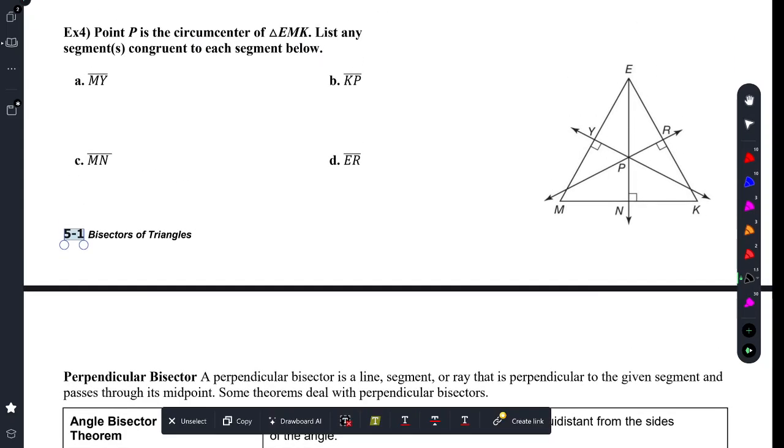All right, here we go. Okay, so what do we know about angle? Point P is the circumcenter, right? So if it's the circumcenter, what do we know? If it's a circumcenter, what is it doing to each side? It's a perpendicular bisector, so that means this is equal to this. That means this is equal to this.